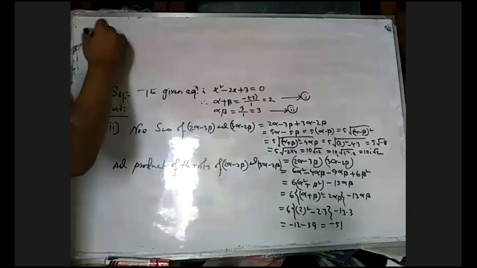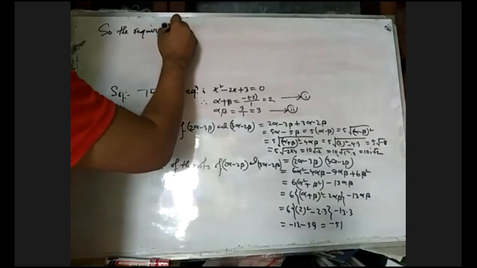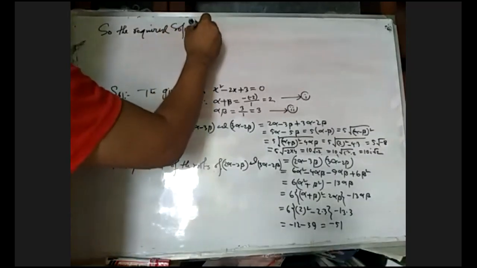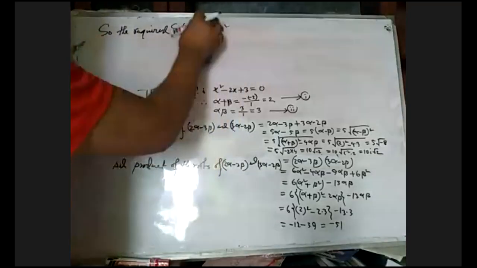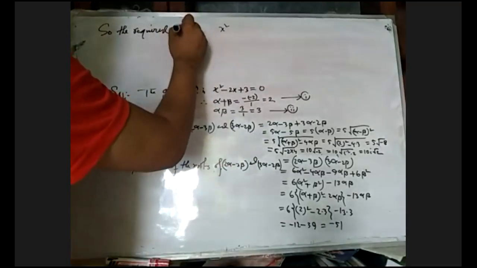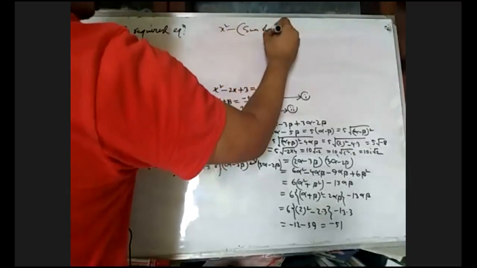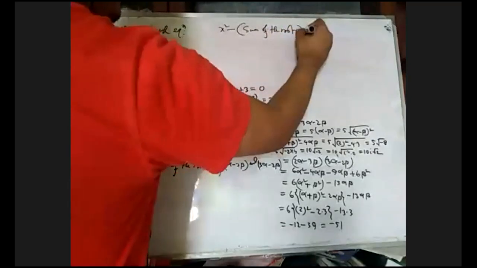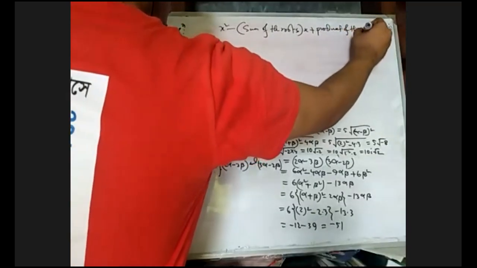So the required equation, not solution, required equation, is x square minus sum of the roots into x plus product of the roots equal to 0.